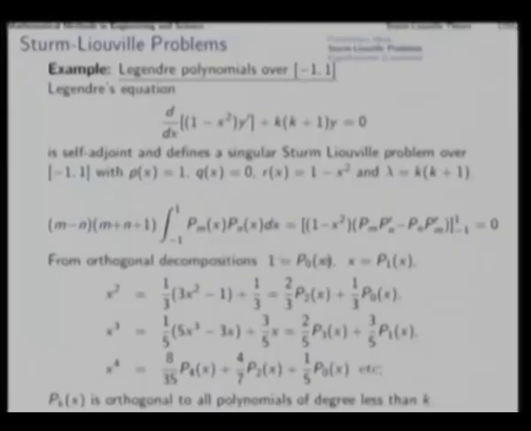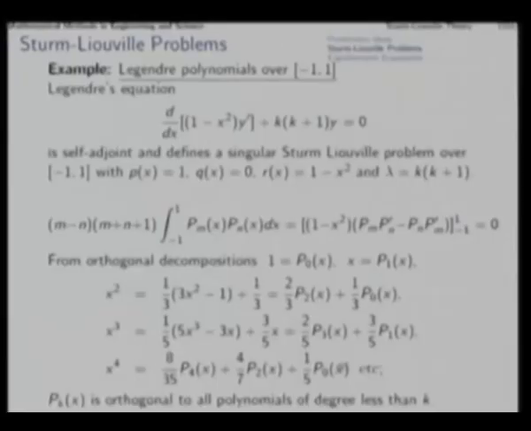If these turn out to be expressed in terms of the Legendre polynomials up to that order, that will mean that suppose we have gone up to this point, then the P5 that we will define will be orthogonal to each of these expressions, because this is a linear combination of P0, this is a linear combination of P1, that is, up to this 1, x, x squared, x cube, x to the power 4, all these are linear combinations of P0, P1, P2, P3, P4.